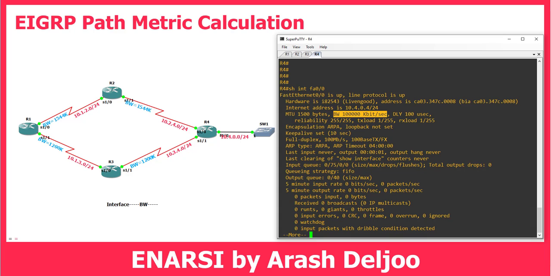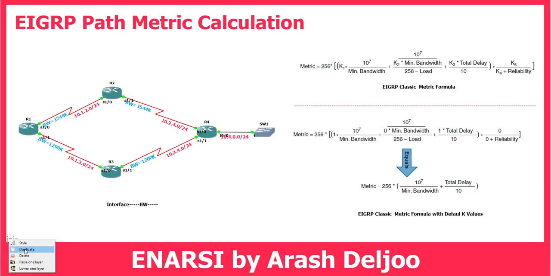FastEthernet means 100 megabit per second. 100 megabit per second means 100,000 kilobit per second. Let me write here, because maybe we will use them.